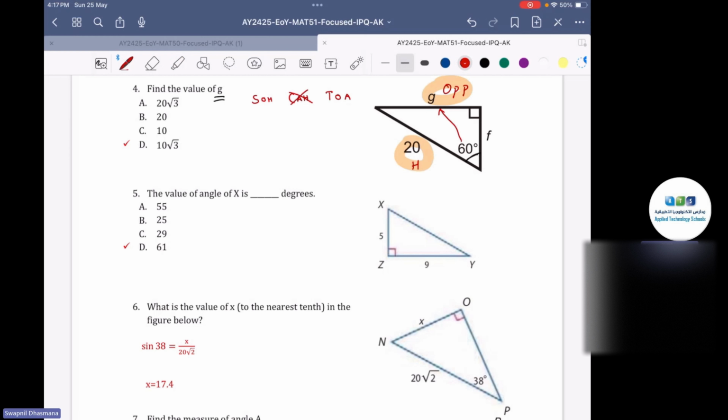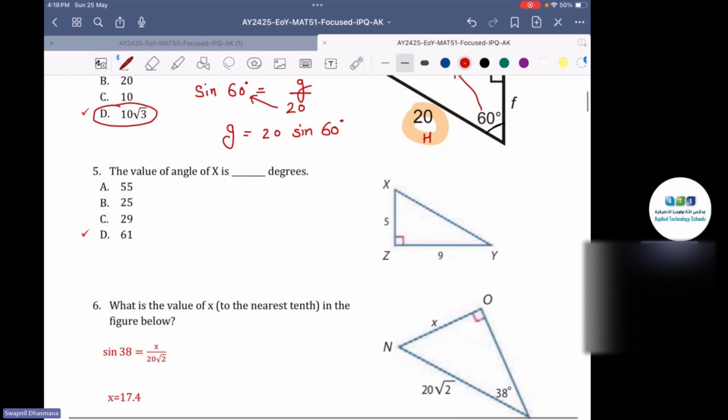So this rule doesn't have OH, so I'll be using sine 60 equals O divided by H. You will take 20 up. When you solve it, you will get 10 root 3. Then you will get the answer. So I hope this is clear.